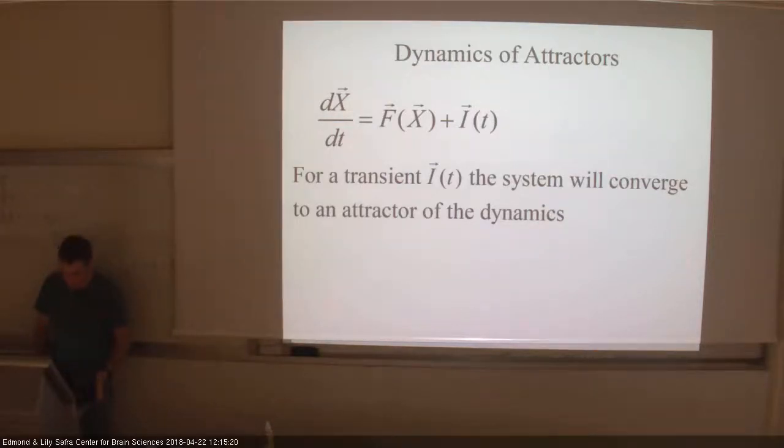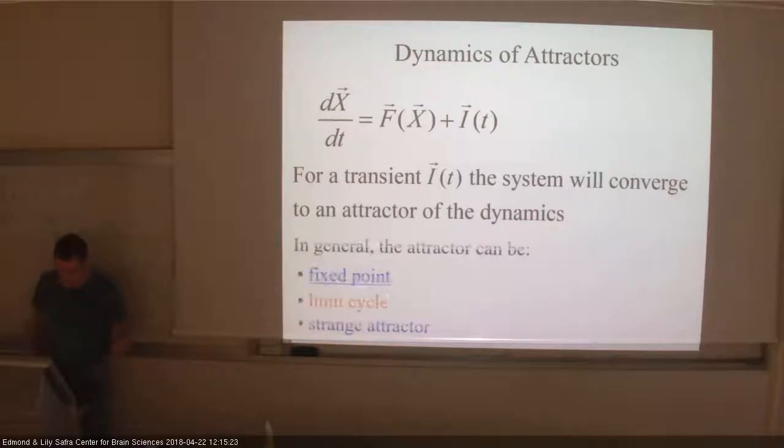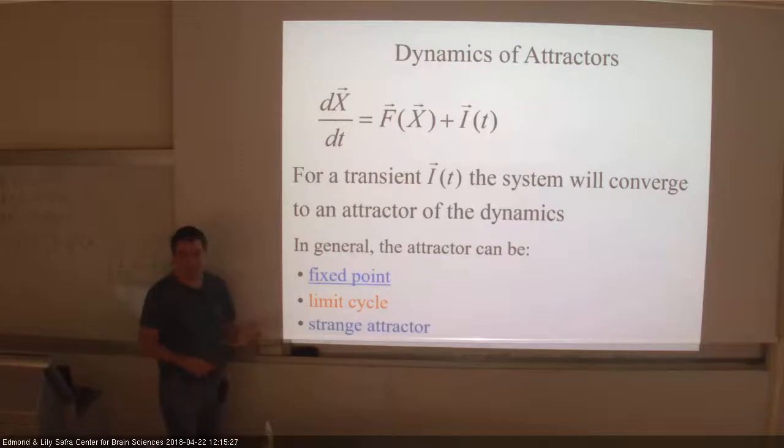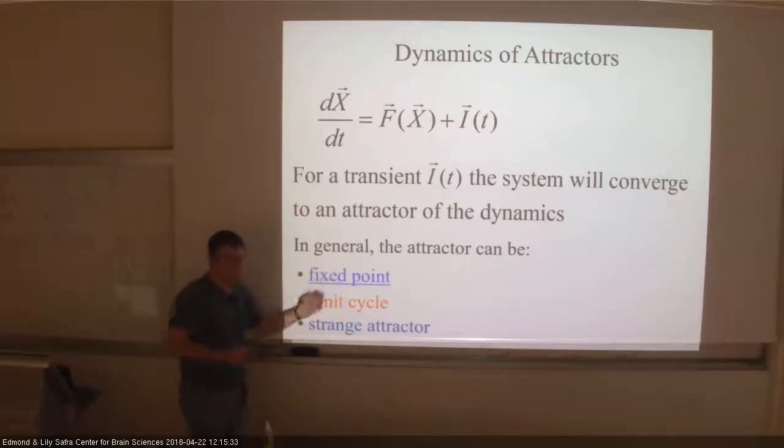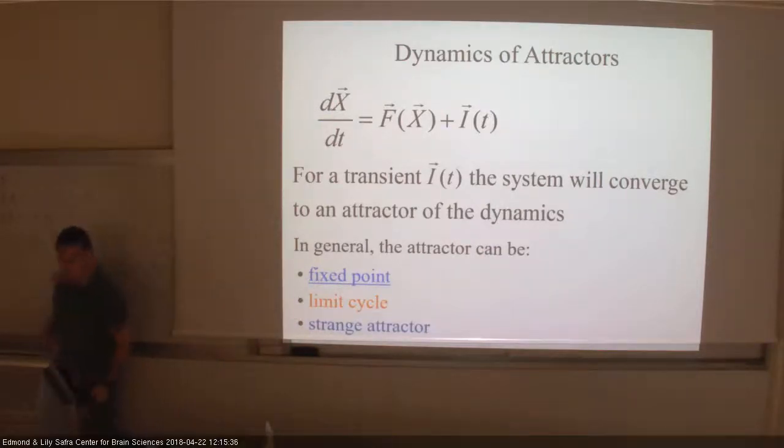There are three generic attractors that we know of. One is a fixed point. This is something that we discussed at length. Another attractor is a limit cycle, an attracting periodic solution.